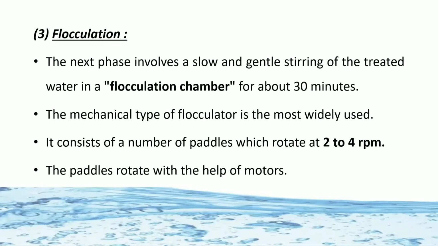After rapid mixing, the next phase involves slow and gentle stirring of the water in a flocculation chamber, because it contains the flocculator, for about 30 minutes. The mechanical type of flocculator is most widely used. It consists of a number of paddles which rotate at 2 to 4 rpm, rotations per minute. The paddles rotate with the help of motors.